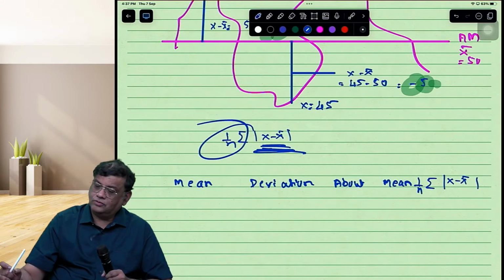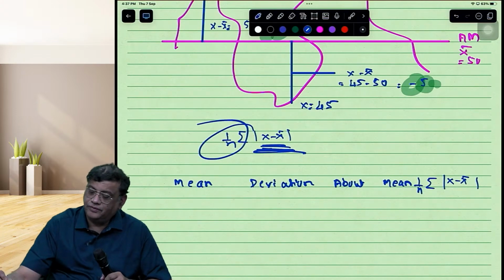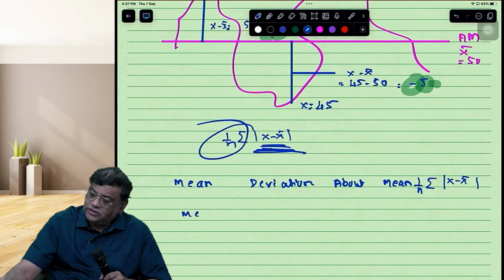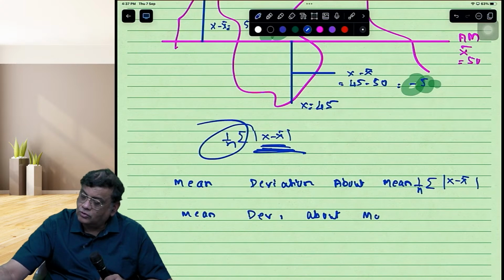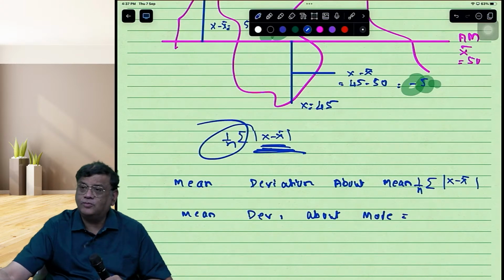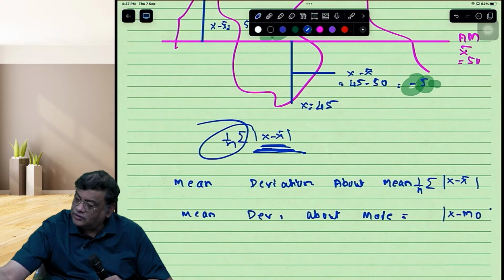जरा एक मिनट सुनो. But like you have taken the variation from mean, you can consider mean deviation about mode. So what will it be? Tell me now, you guys, and tell me the formula. It will be x minus mode modulus and then average.